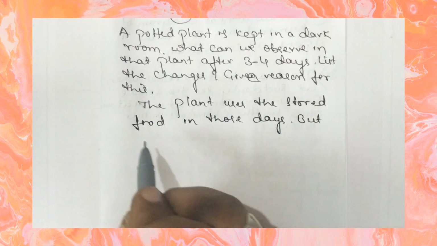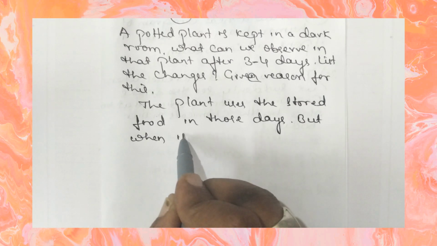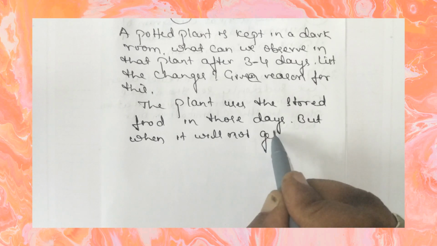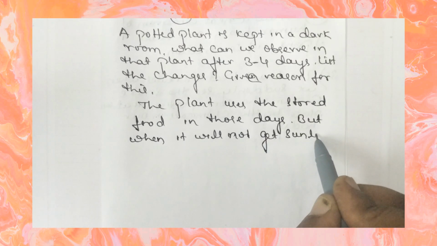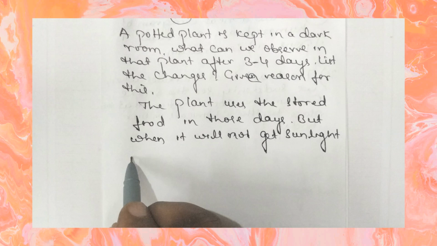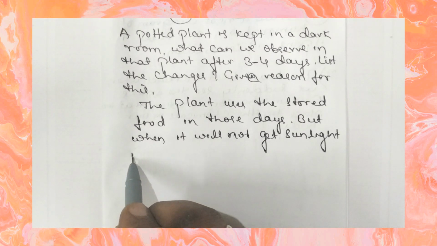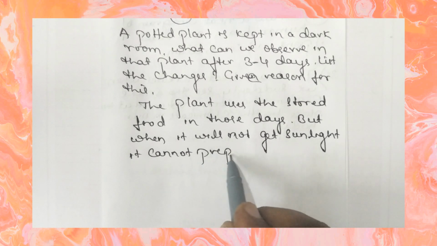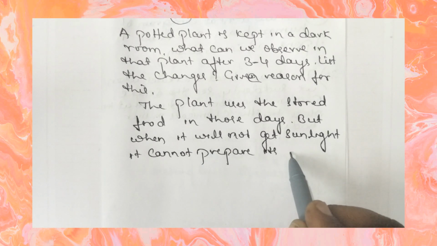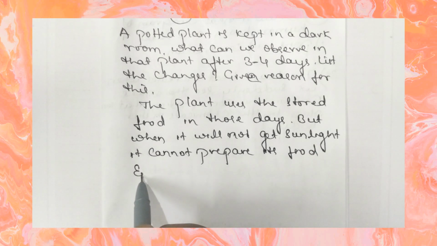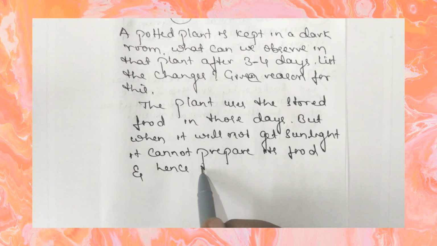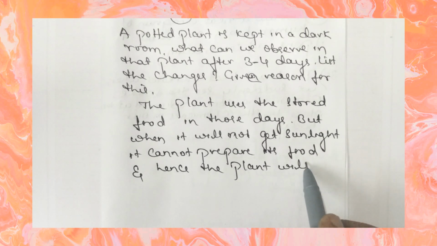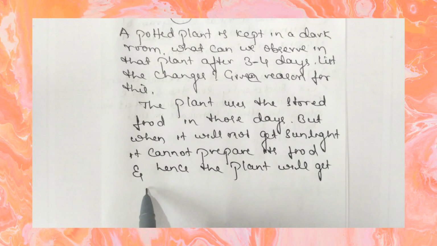But when it will not get sunlight, it cannot prepare its food, and hence the plant will get dry.